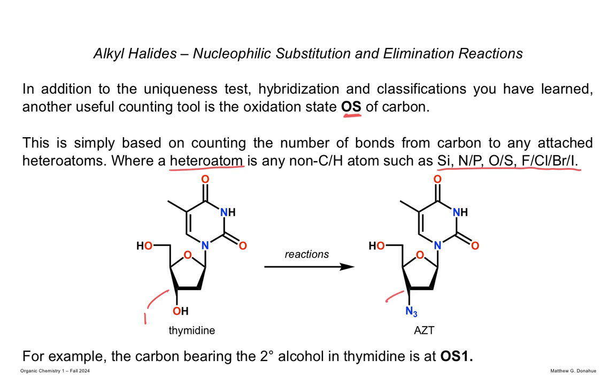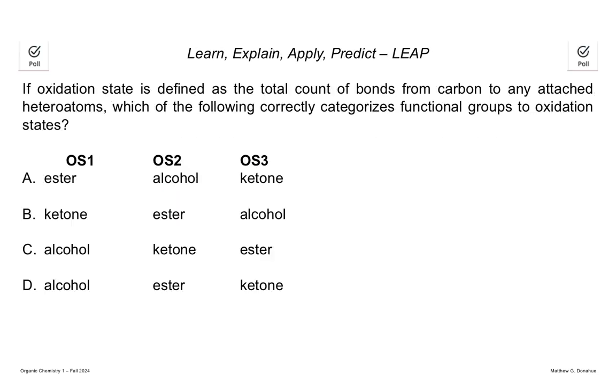And then in the product, that carbon is still at an oxidation state of 1 because it's a carbon-nitrogen sigma bond. So we'll walk through this exercise and then we'll get into how substitution actually occurs.